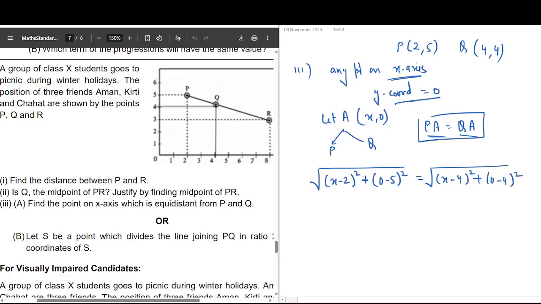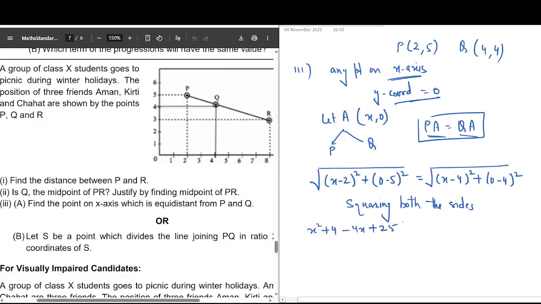Now both are in square root, so we will square both the sides. By squaring both the sides, we can remove the root sign. Now we will use our algebraic identities. So (x minus 2) whole square is x square plus 4 minus 4x, plus (minus 5) whole square is 25.